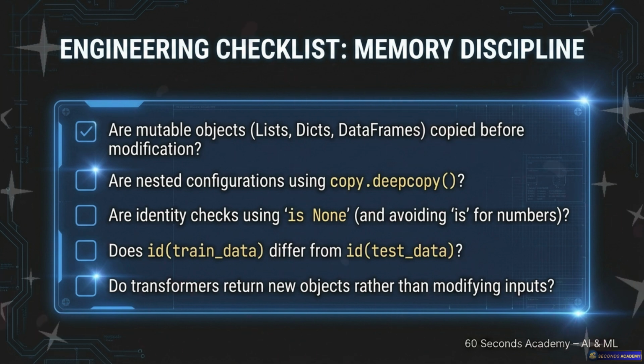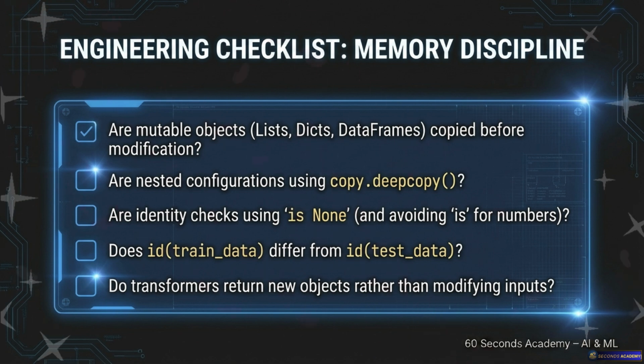Right, it's double equals for values. Number 4, if I'm debugging, does id(train_data) differ from id(test_data)? Check the addresses. See if they point to the same warehouse bin. Exactly. And number 5, are my transformers returning new objects or mutating old ones? That's a solid list. Print that out, stick it on your monitor. It will save you from the nightmares we started this deep dive with.